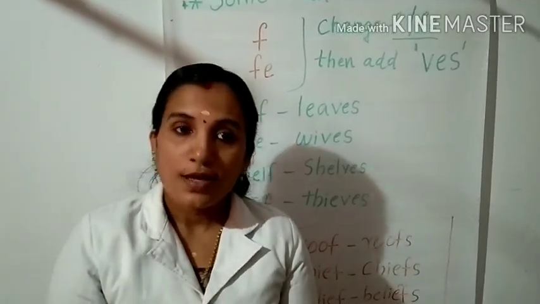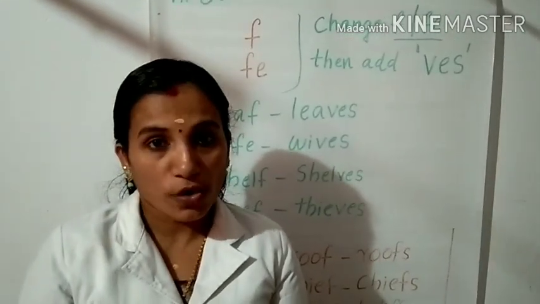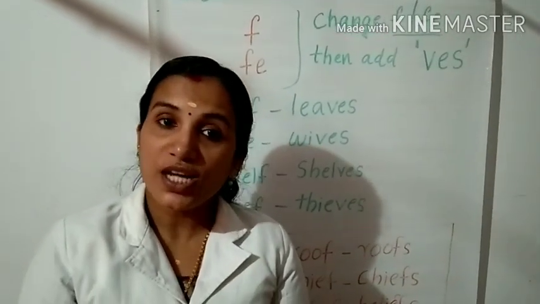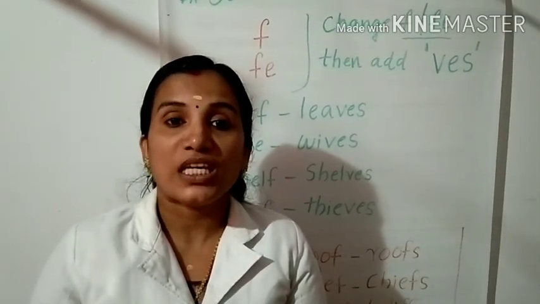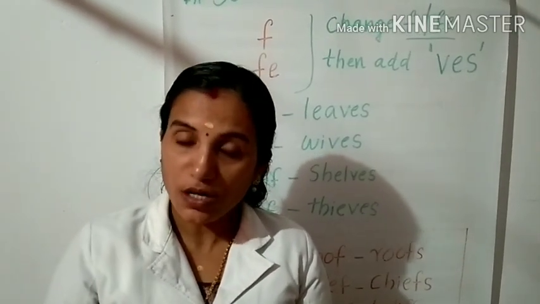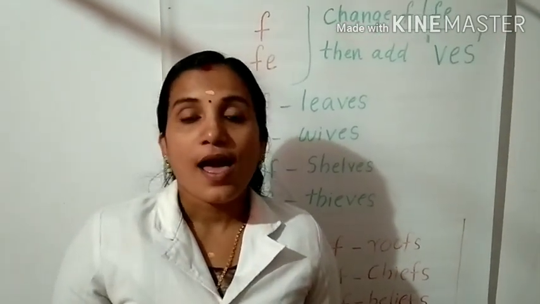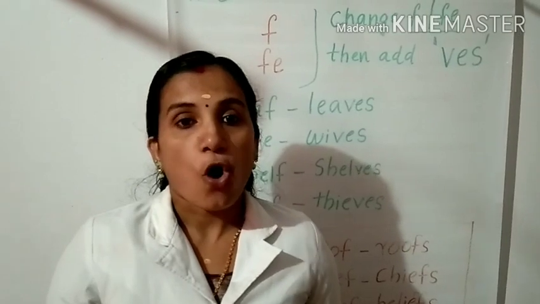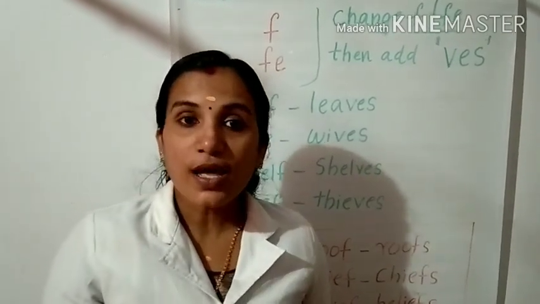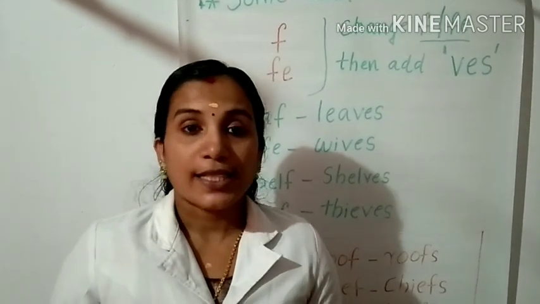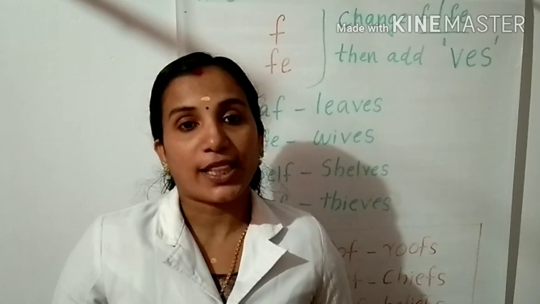The next rule: some nouns end with F or FE. We change the F or FE, then add VES to the end of the word to make them plural.